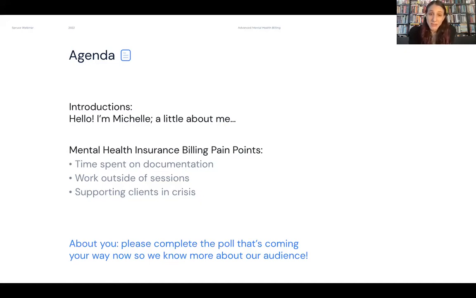We really find that burnout in the mental health care field is often very much fueled by dealing with the requirements of documentation, as well as work outside of sessions and supporting clients in crisis. So part of what we're going to focus on with the insurance billing today is having you be better compensated for these elements of your job that may be necessary and maybe things that are taking up a lot of your energy.